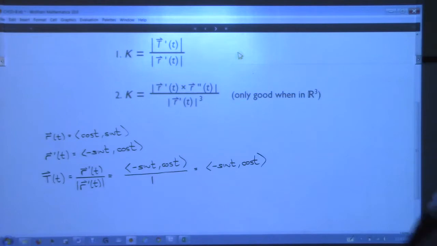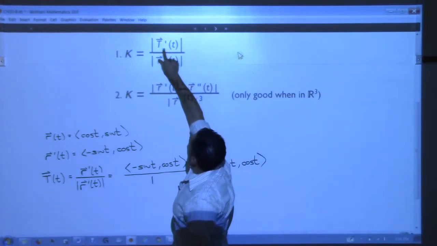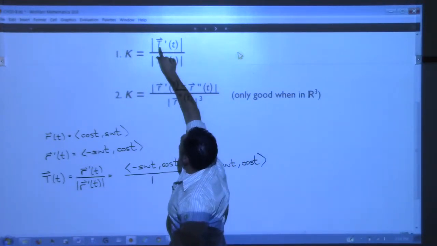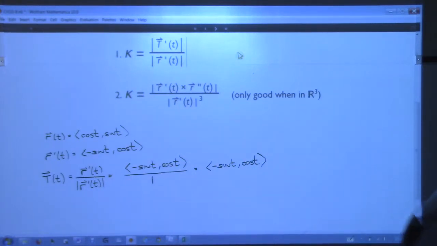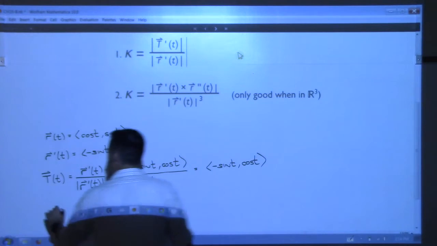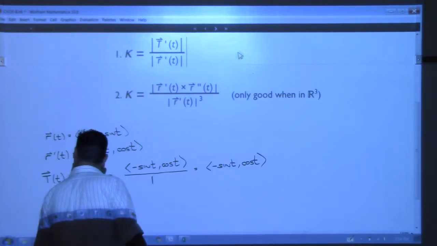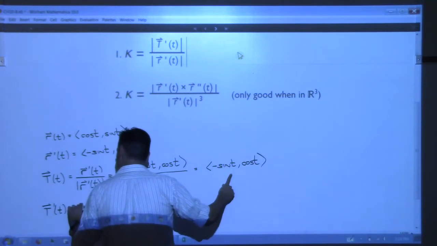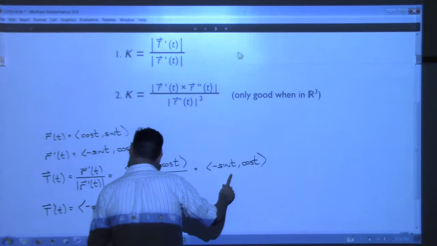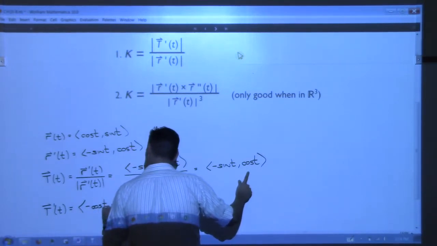Okay. Now, the top of the curvature formula is the derivative of that, magnitude. So let's take its derivative. What's the derivative of this? Derivative of this is negative cosine t, negative sine t.